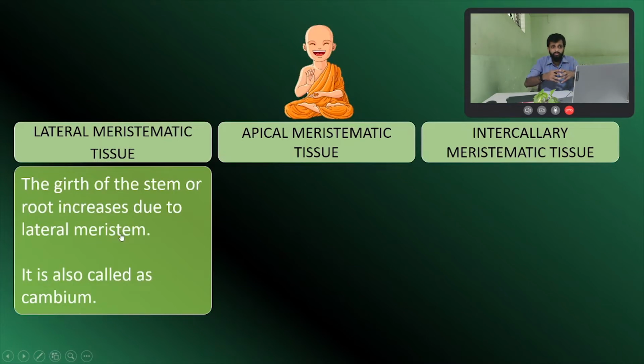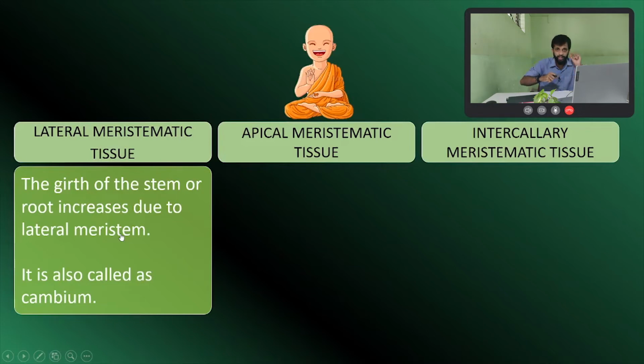The thickness. So it grows bigger, right? That happens because of lateral meristematic tissue. The stem becomes stronger and bigger, and it is also found in the roots of the plant. As the plant grows bigger, you need stronger roots to hold it, right?